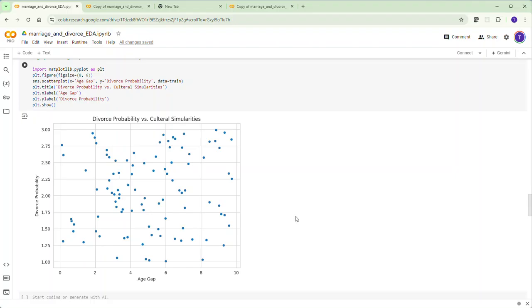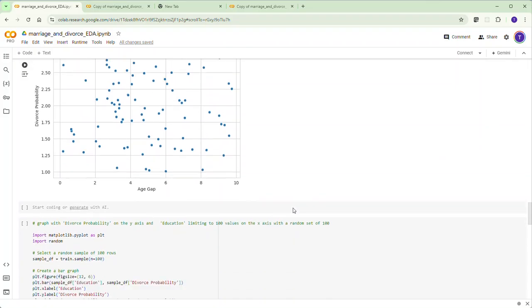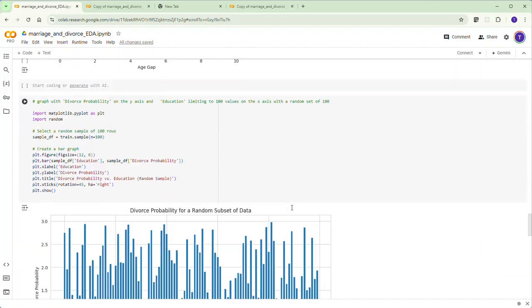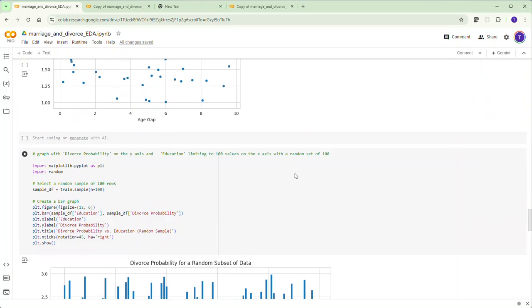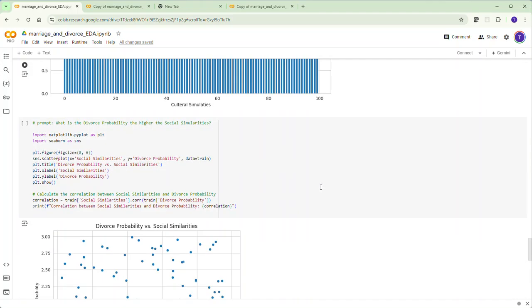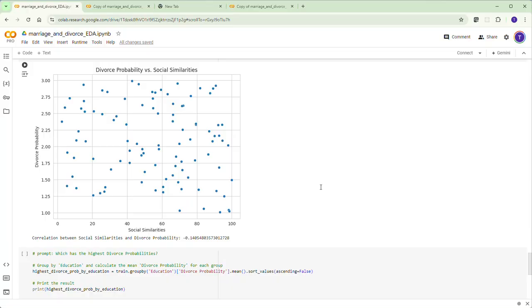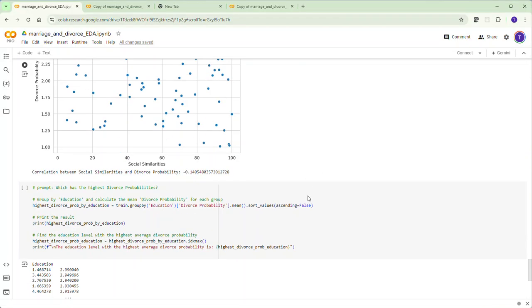So cultural similarities seem to be a factor in marriage or staying married. Here is one of the last graphs that I put in: divorce probability and cultural similarities, which was displayed up here. The social similarities graph was also created.